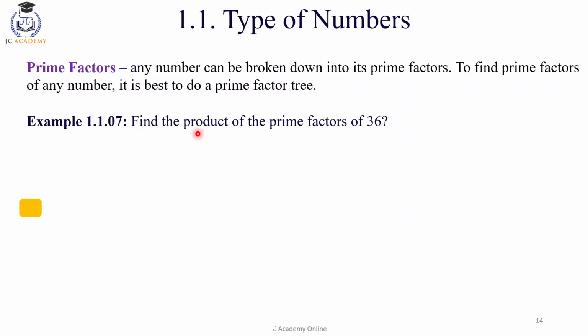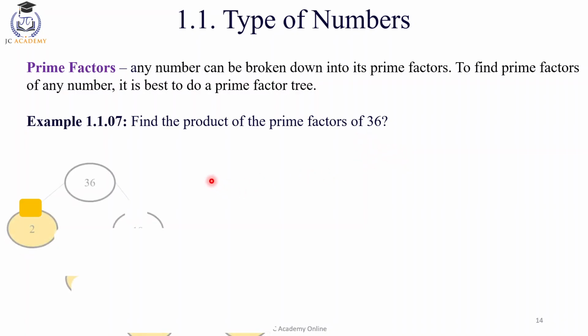We have: find the product of the prime factors of the number 36. In other words, break this number down to a set of numbers where you can't break it down any further. Because if you remember, prime numbers are only a multiple of themselves and 1, so a prime number is the lowest you can go down to.